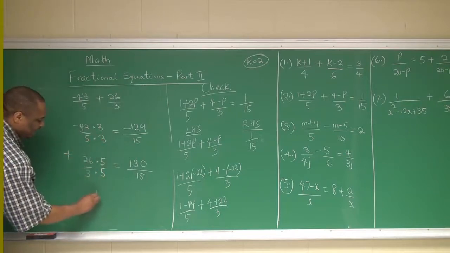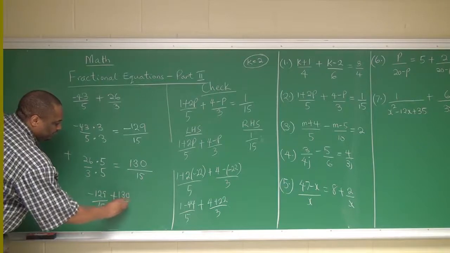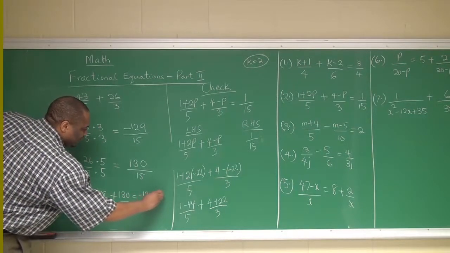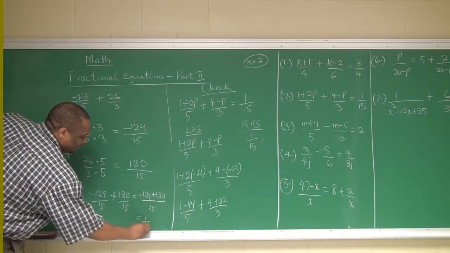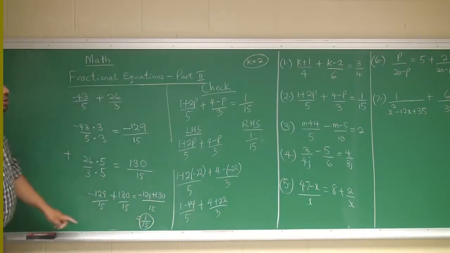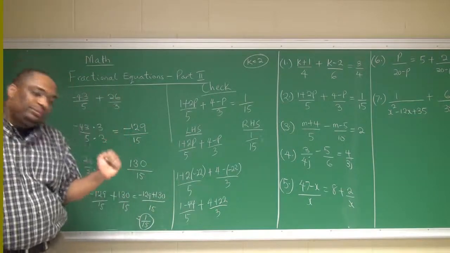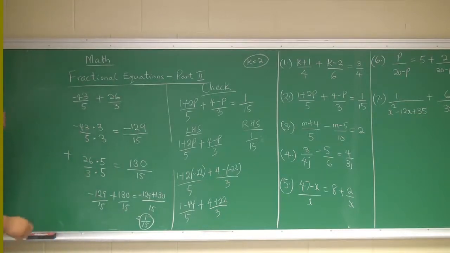This will now be negative 129 over 15 plus 130 over 15. And that will give us negative 129 plus 130 over 15. And that will give us 1 over 15. 1 over 15 on your left, 1 over 15 on your right. Okay, you dance and then you eat some vegetables.